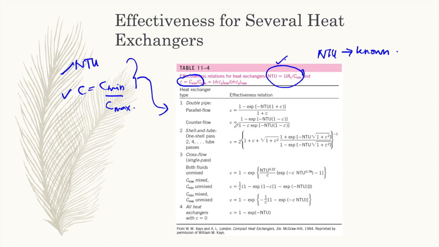If counter flow, then you can take out this equation and substitute all the values inside. Then you will get the effectiveness, and after that you can calculate the actual heat transfer rate by using the effectiveness equation, epsilon equal to Q dot over Q dot maximum. Or you can calculate the required objective from the equation.